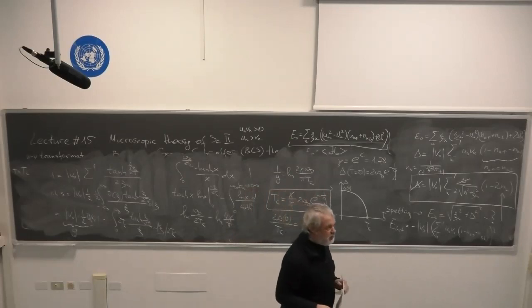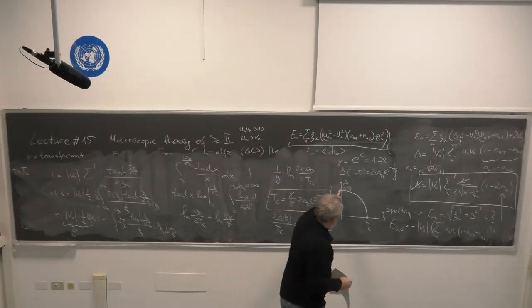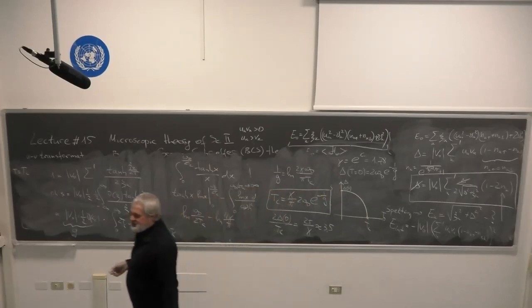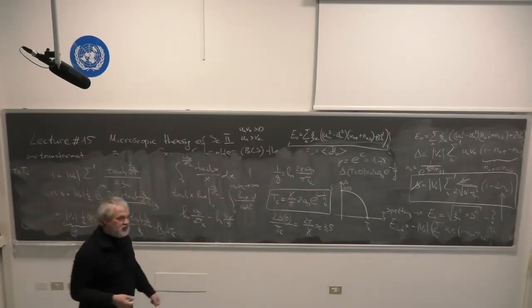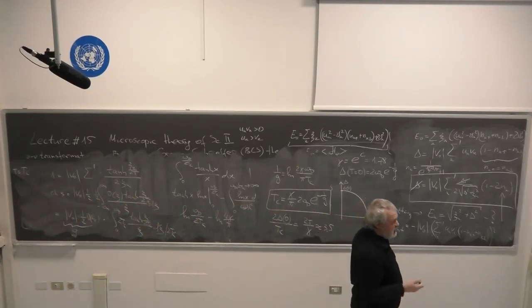This is a universal number. So the ratio of twice the gap taken at 0 temperature to the critical temperature is 3.5, and actually this is a very nice benchmark of whether the pairing mechanism is related to electron-phonon interaction and you have BCS type theory or not.